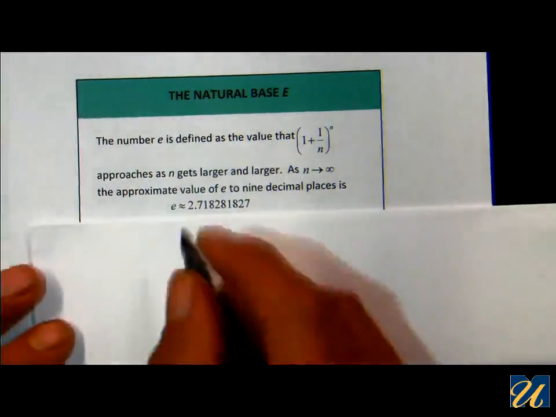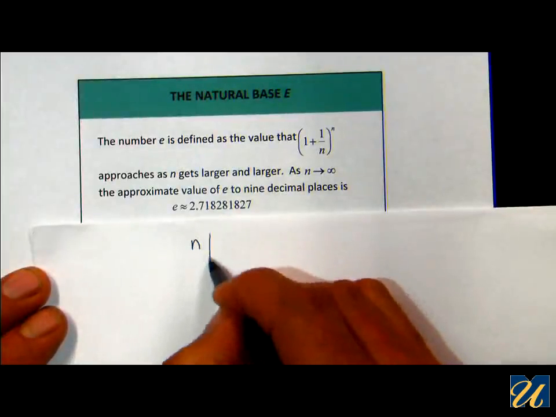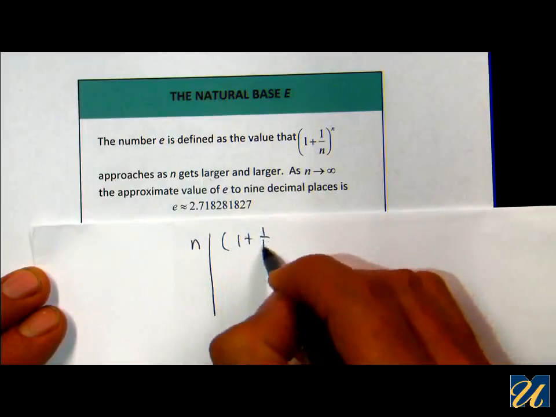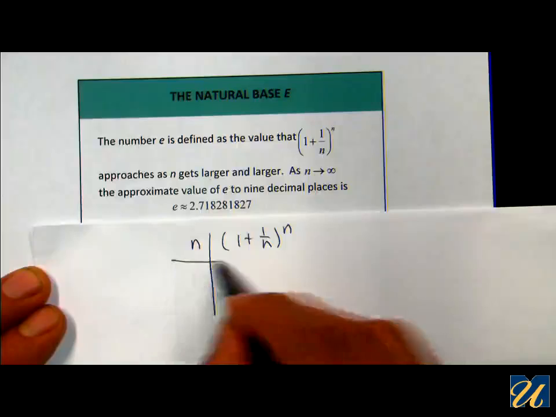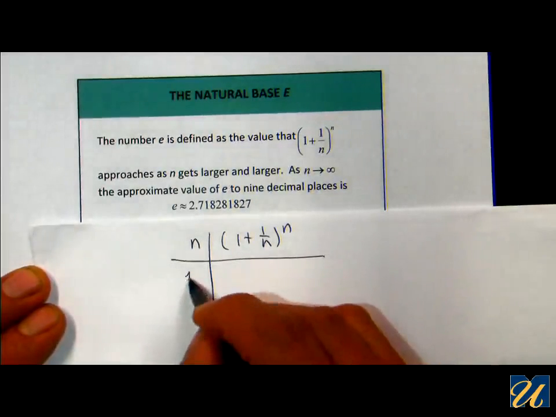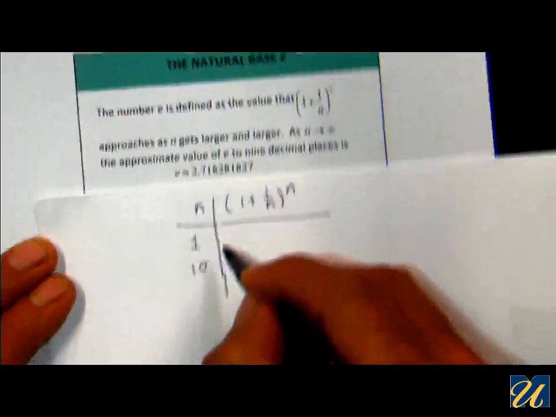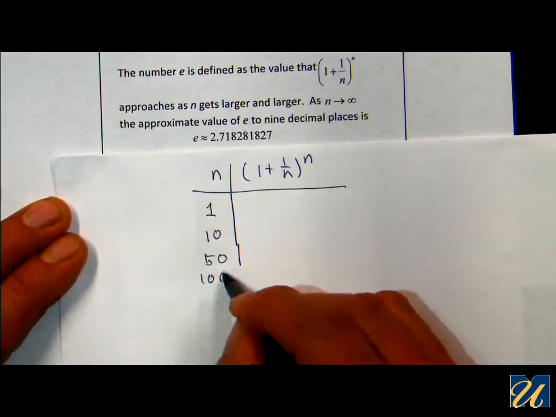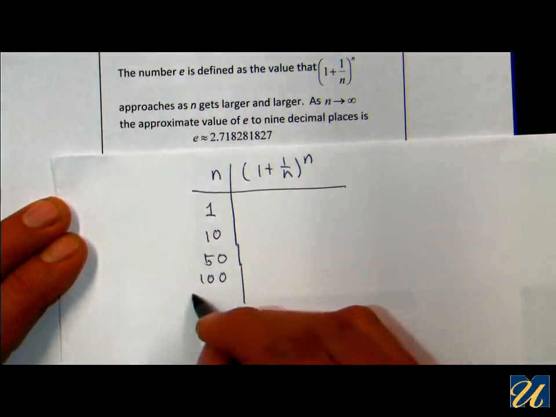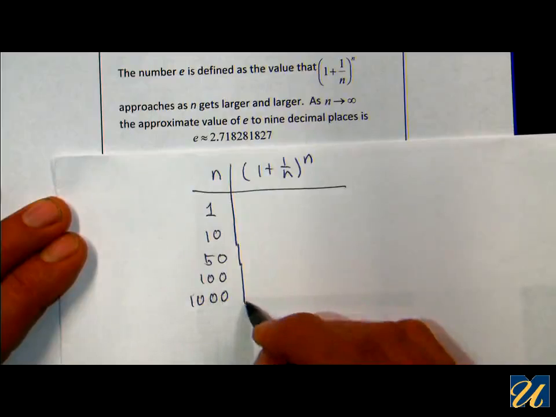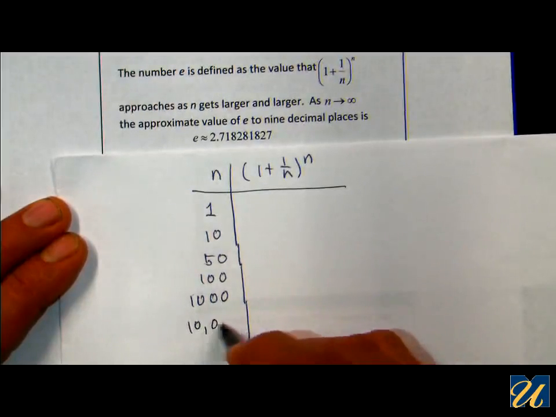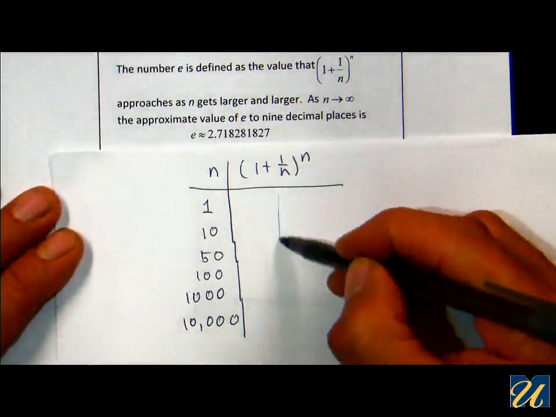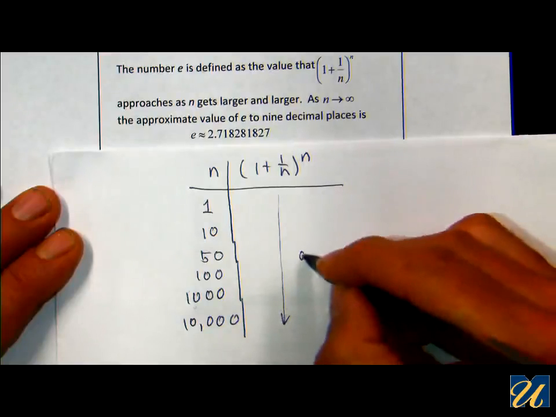I very much encourage you to set up a table of n versus the value of (1 + 1/n)^n, and start with, say, n is 1, then n is 10, then maybe 50, then 100, maybe 1,000, and finally perhaps 10,000.